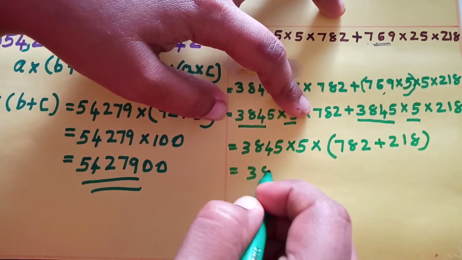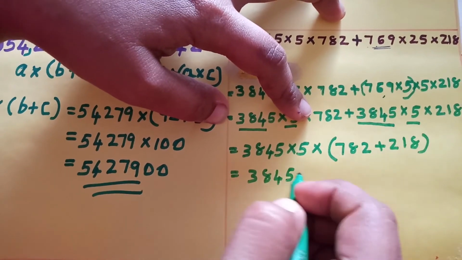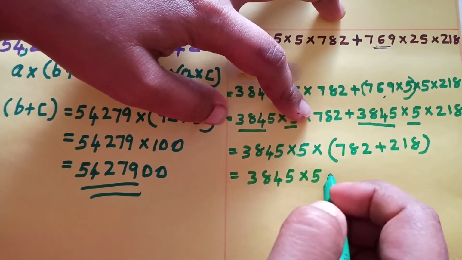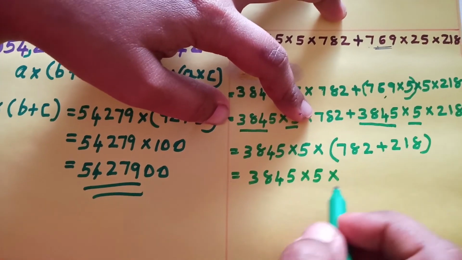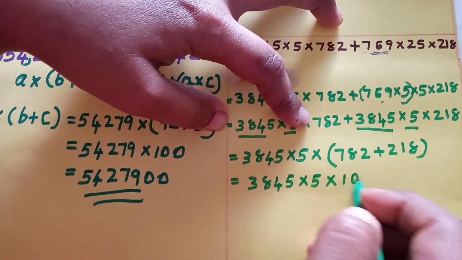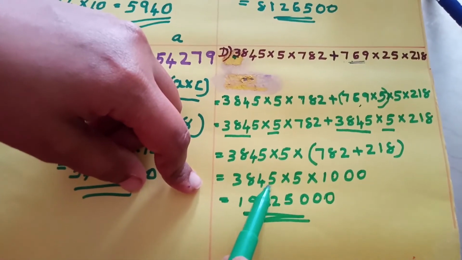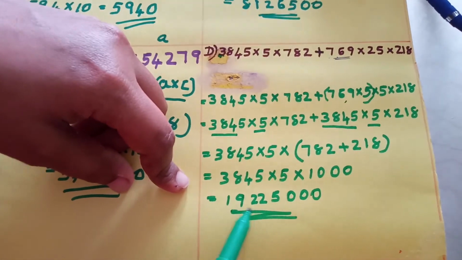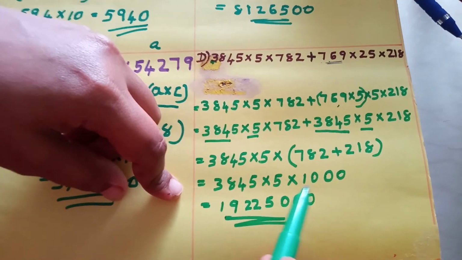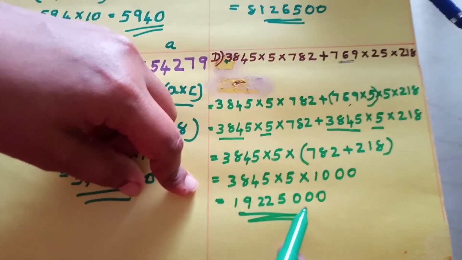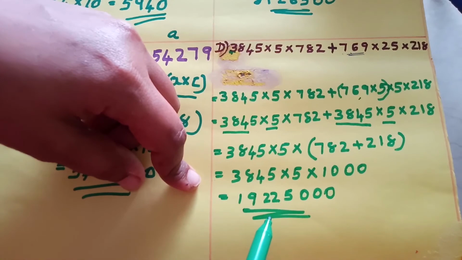So 3,845 into 5 into, adding these two numbers you will get 1000. Multiplying 3,845 into 5, you will get 19,225. Multiplying by 1000, you just add 3 zeros. So your final answer is ready.